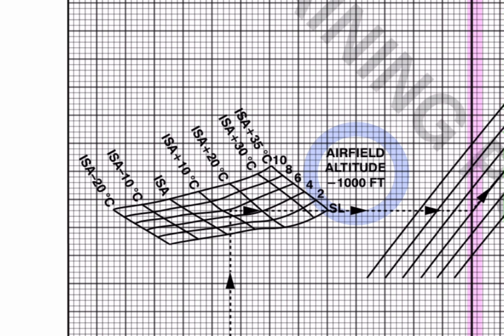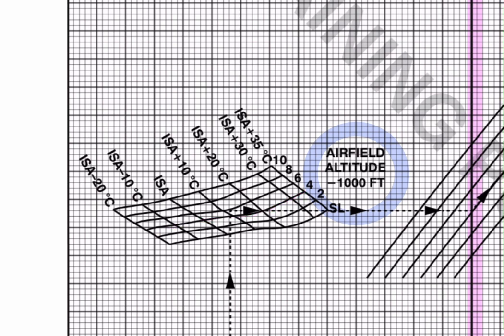So this square here, this rectangle, each line shows you exactly what it's talking about. So this is sea level, this is 2,000 feet, 4,000 feet, and that's all talking about the airfield altitude. So if you get a question that includes 4,000 feet of altitude, you would be taking it to this line here.